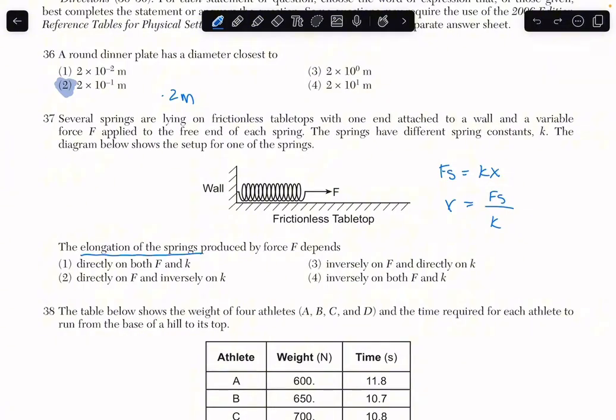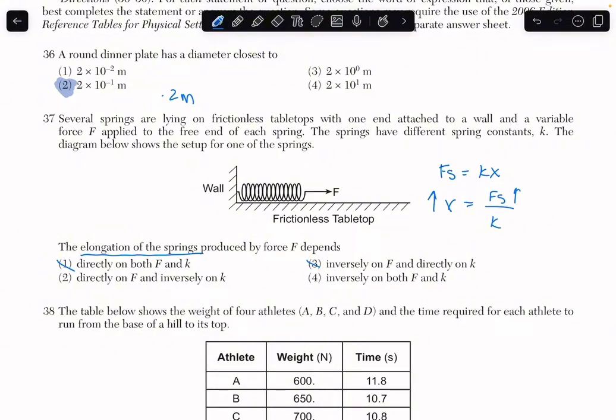So let's look at this. Inverse on K for number 4, that's right. Inverse on F, but direct on K for number 3, that's wrong. Directly on both F and K, nope. Directly on F and inversely on K, maybe. So now let's look at the other relationship. Let's see if it's directly on F. So if we increase F, that means x will also increase.